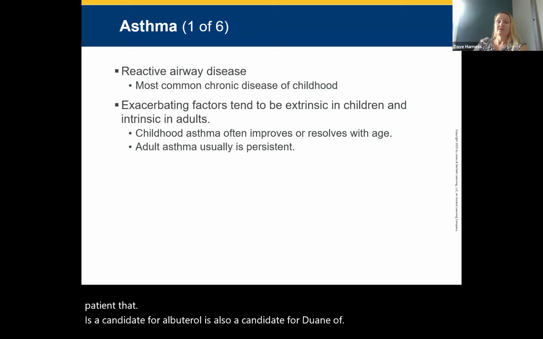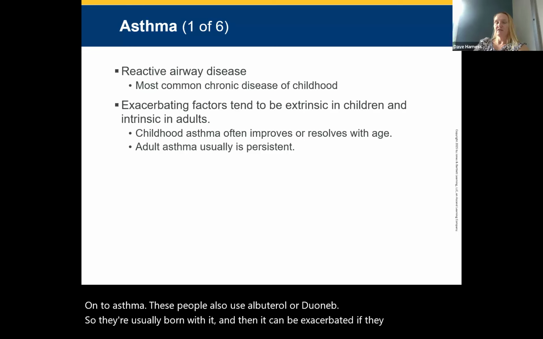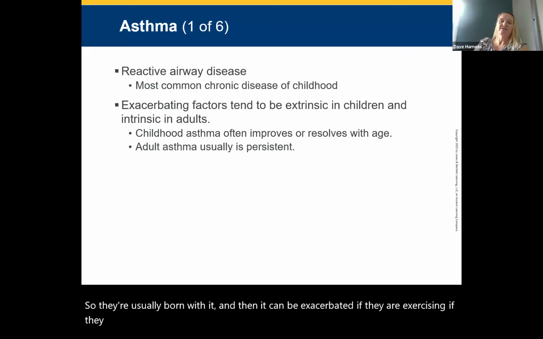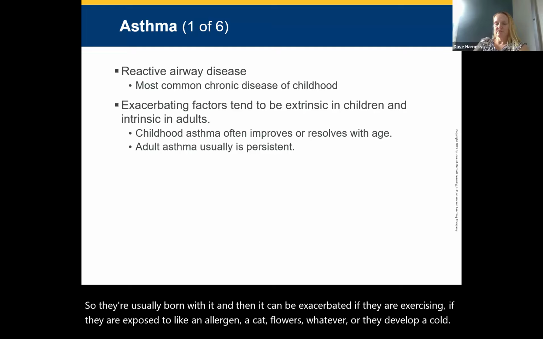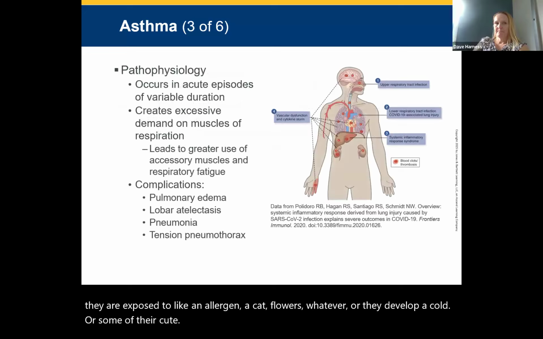On to asthma. These people also use albuterol or duoneb. So they're usually born with it, and then it can be exacerbated if they are exercising, if they are exposed to an allergen, a cat, flowers, whatever, or they develop a cold or some other acute on chronic illness.